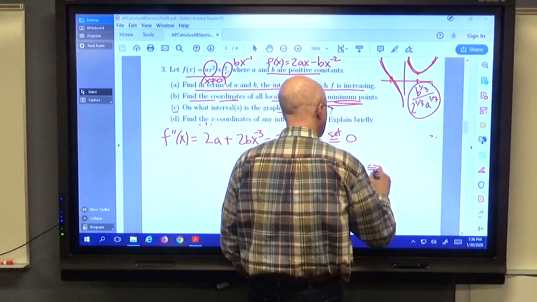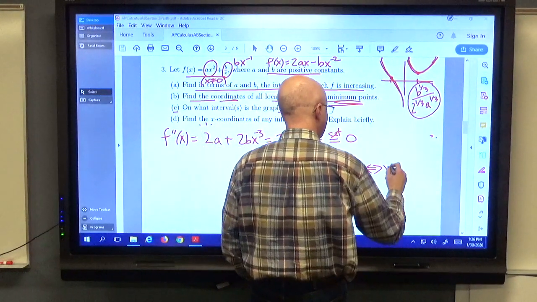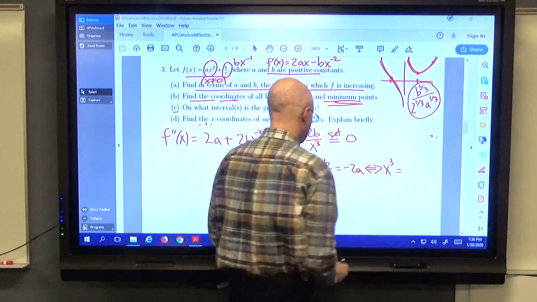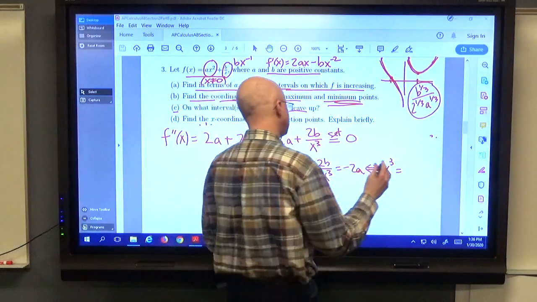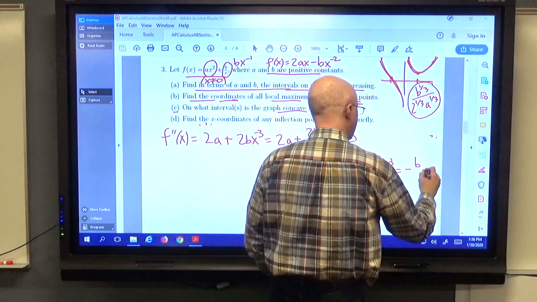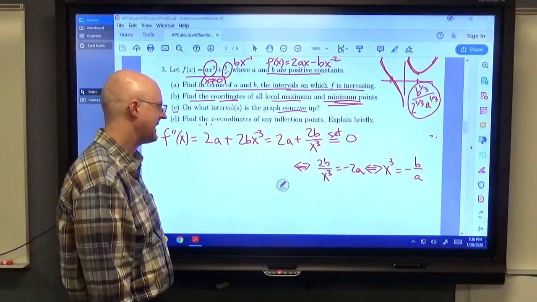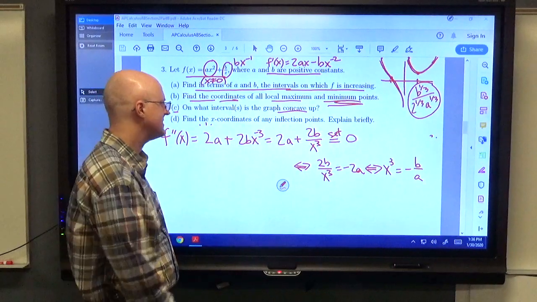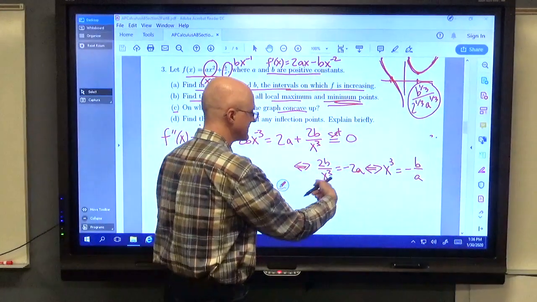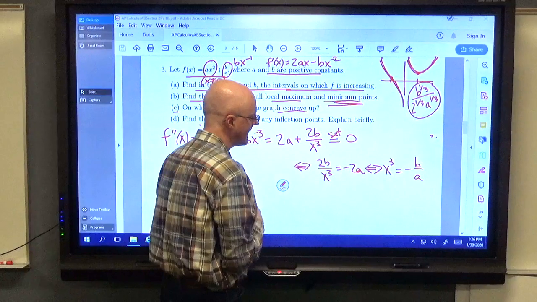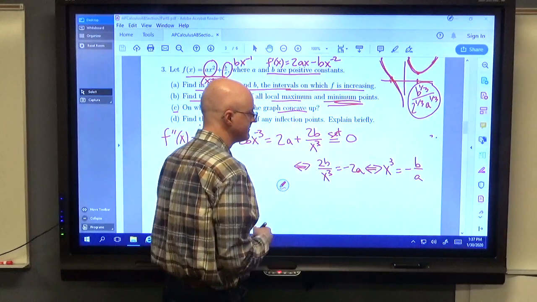Multiply both sides by 2b. That's going to be equivalent to x cubed equals, careful, negative b over a. Okay, make sure you take the time to check that. I just did it in my head. I guess you could just divide both sides by negative 2a right at the start and multiply both sides by x cubed. The 2's cancel.